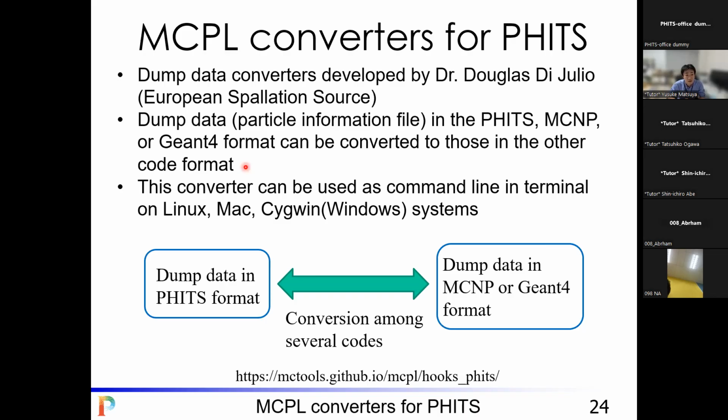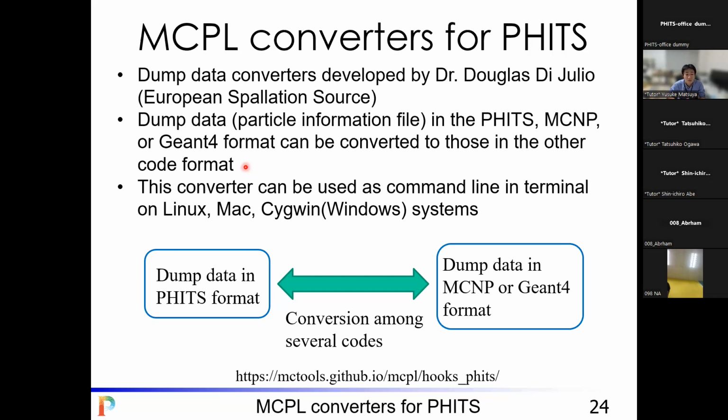And finally, I would like to introduce the useful converters, MCPL converters for fits. As described in this slide, the dump data converter developed by Dr. Douglas is available. And the dump data in the fits, NCMP, or Geant4 format can be converted to those in the other code format.